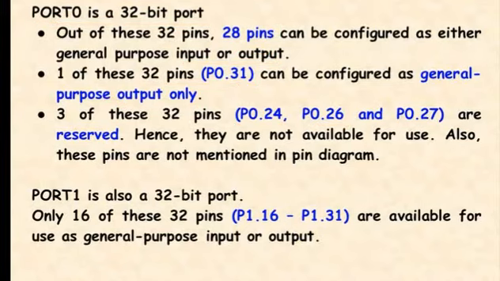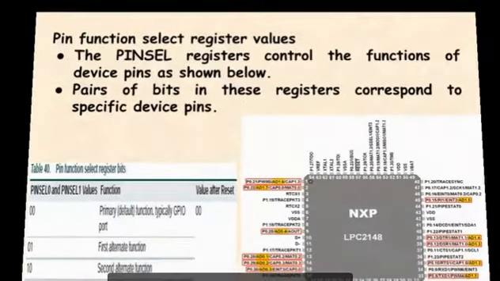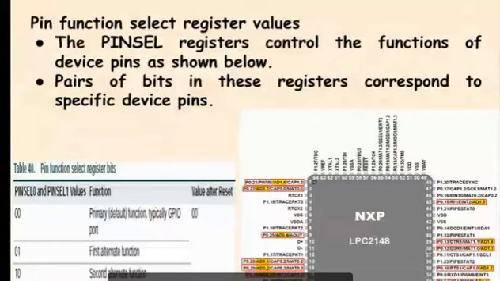If you see the pin diagram, those pins are not available here. P0.24, 26, 27 are not available here. You can see P0.25, but after 25 directly you are getting P0.28. So these 3 pins are not available to users.